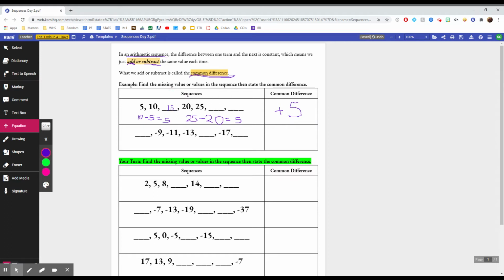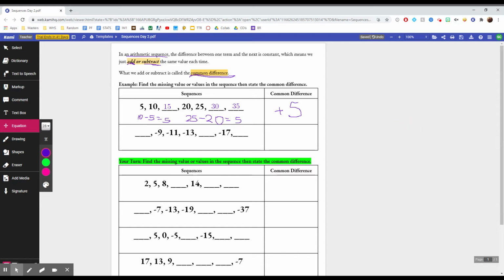Then the next one, 15 plus 5, 20. 20 plus 5, 25. 25 plus 5 gives me 30. 30 plus 5 gives me 35.